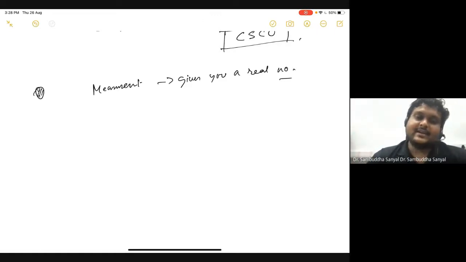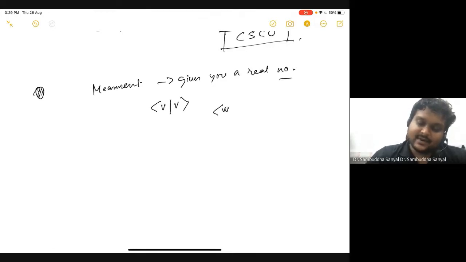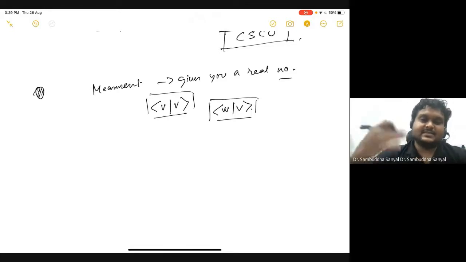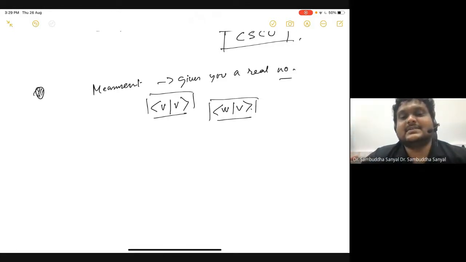The way to get a real number from vectors, as I argued in the main lecture, is to take an inner product with that vector itself or another vector. We argued that none of this can be it, because it doesn't involve a measurement or an operator. It involves two different states, but we want to know the consequence of measuring something on a particular state.